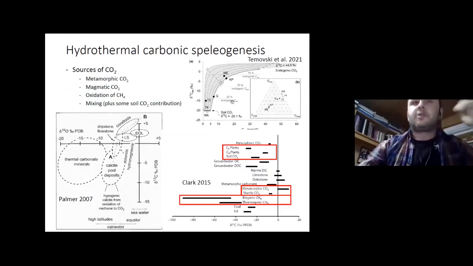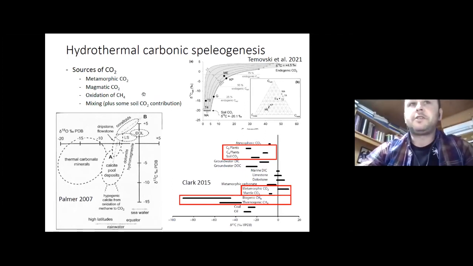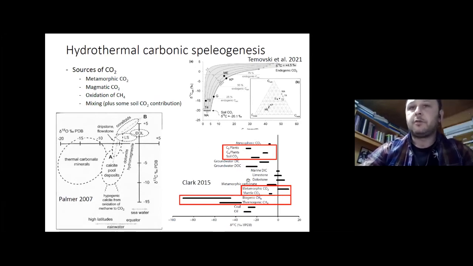Here's a small overview of the possible sources of CO2 in this kind of system. Most commonly, it will be a metamorphic CO2, so CO2 formed by the decarbonation of carbonate rocks at depth at high temperature. As you can see here on this nice overview graph, you can see the characteristic isotopic composition of some of these sources.